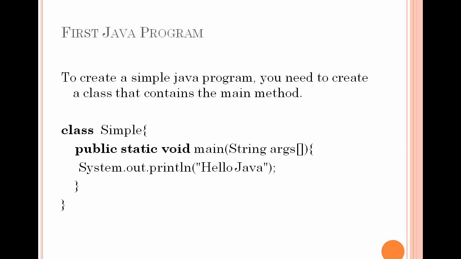And a main method, which is public static void main with square brackets of String args. Then System.out.println, and I'm going to print Hello Java. So in order to create a Java program, you need a class and a main method.